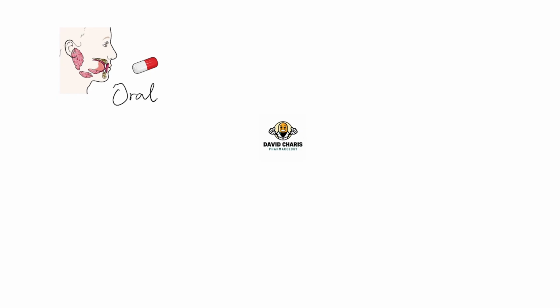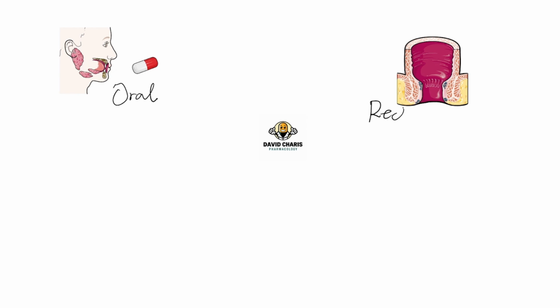So there are some drugs that are given orally. This includes your tablets, your pills, your capsules, or even liquid preparations such as your suspensions, solutions, mixtures, tinctures, and the likes. The next one is the drugs that are given via the rectum. This includes enemas and suppositories.